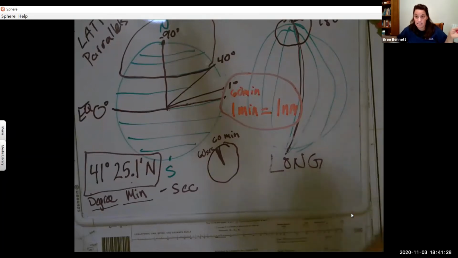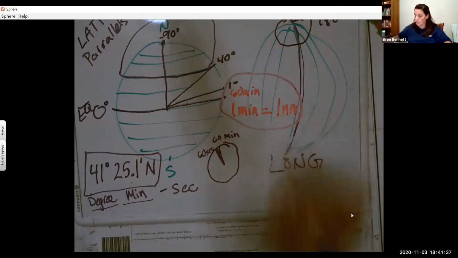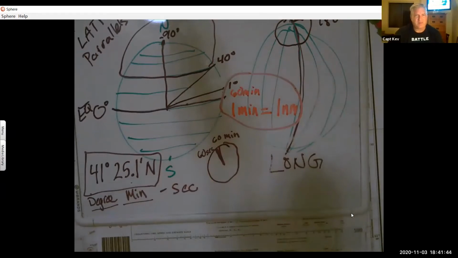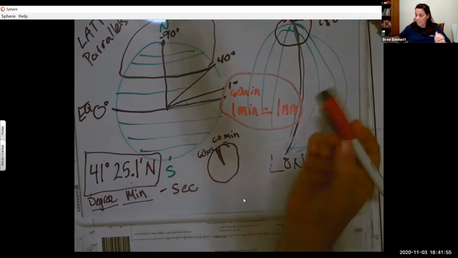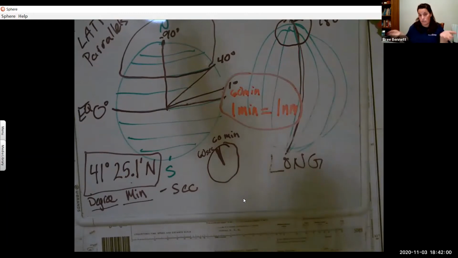I don't know where the statute mile came from. I don't know, Americans just like to do things differently. But the nautical mile had something to do with Greece, actually. It was something the Greeks came up with, and it was the distance from one palace to like the Parthenon or something. I don't know. But a nautical mile is 1 minute of a degree of latitude.